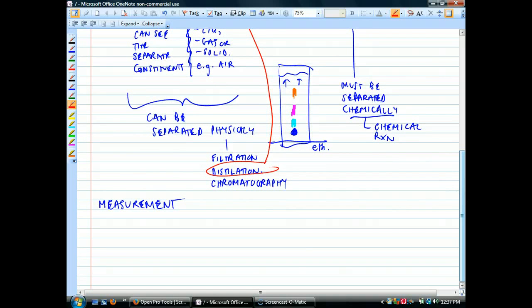All right, for measurement, I just want to point out a couple things, and the first is that really all measurements are relative.